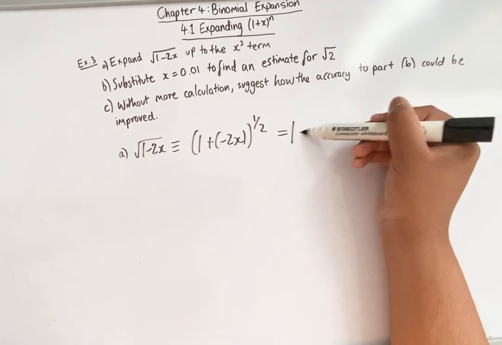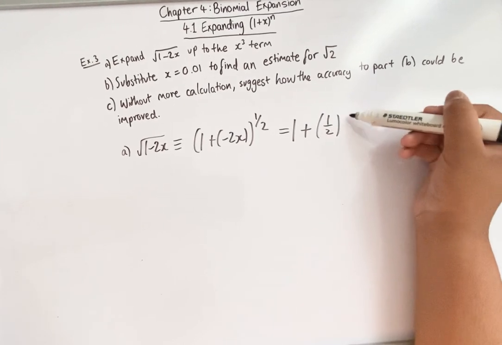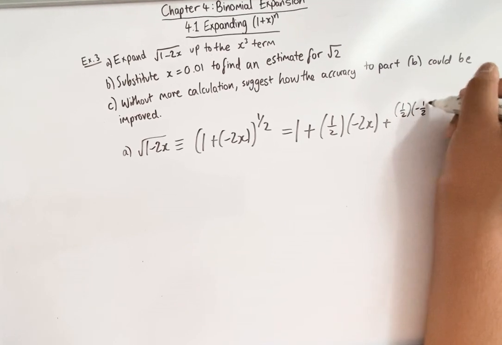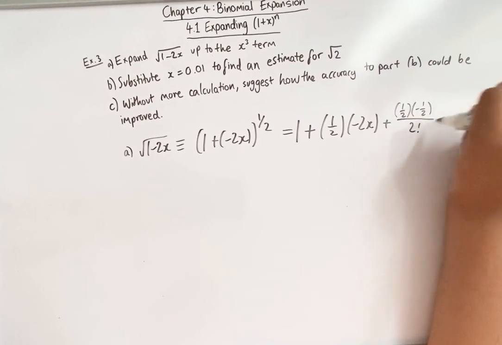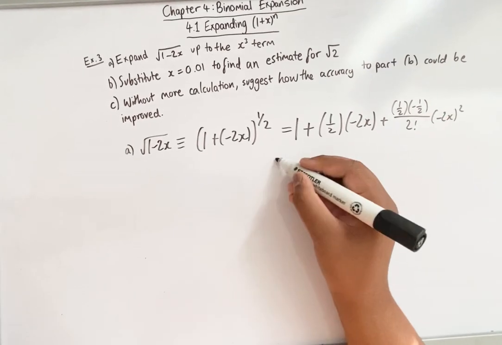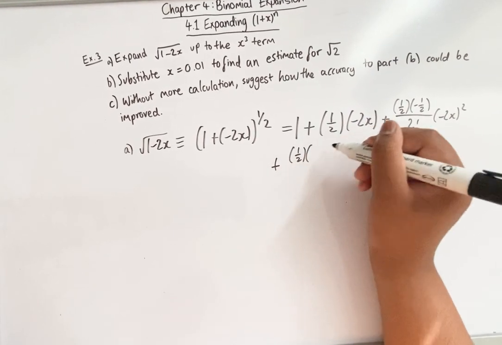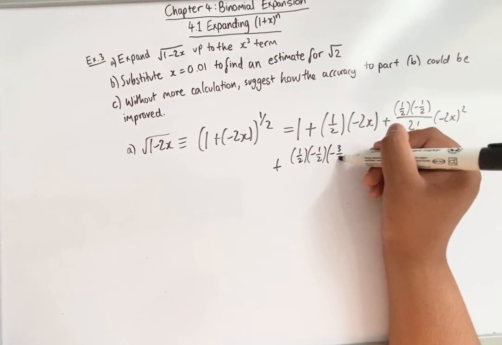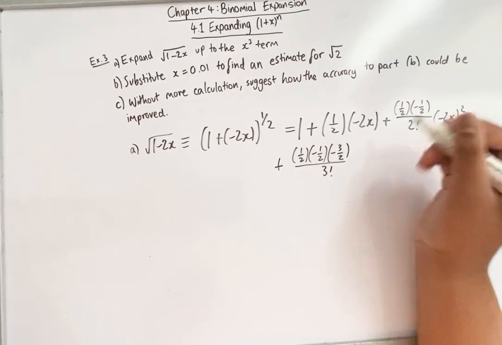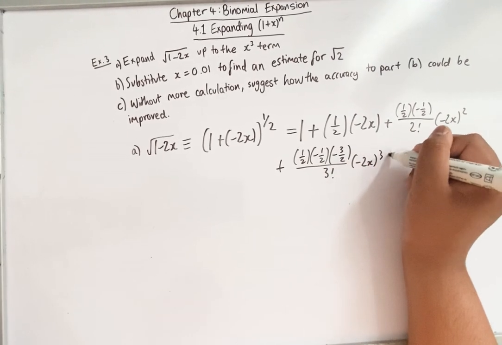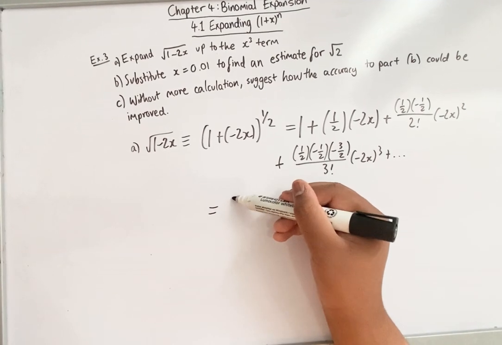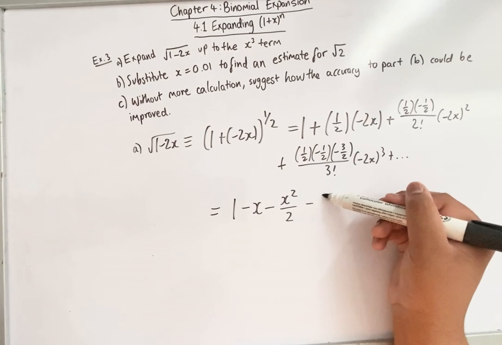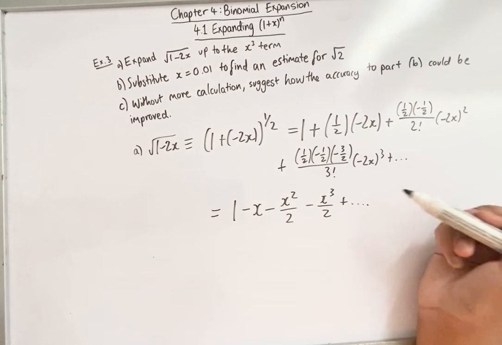And so this would be 1 plus a half times minus 2x plus a half times minus a half, which is a half minus 1, over 2 factorial times minus 2x squared plus a half times a half minus 1, which is minus a half, times a half minus 2, which is minus 3 over 2, all over 3 factorial times minus 2x cubed. And this will give you 1 minus x squared over 2 minus x cubed over 2, and so on.